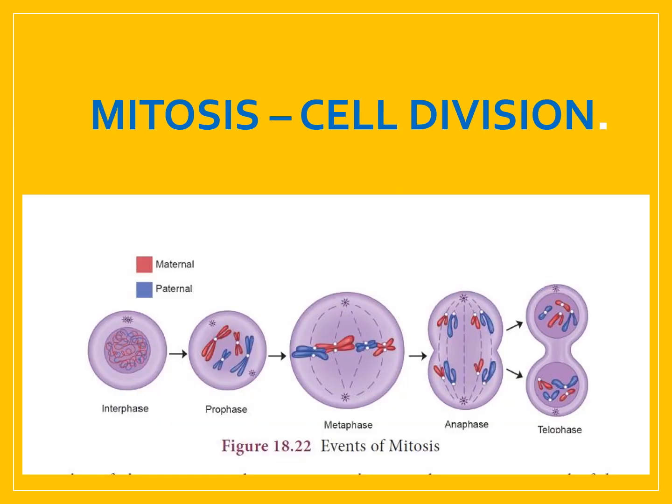Now, mitotic cell division has four stages. The cell which is ready for cell division, it is taking place in the vegetative cells or somatic cells, that is, cells other than the reproductive cell. The first phase, when the cell is ready for division, is called interphase.